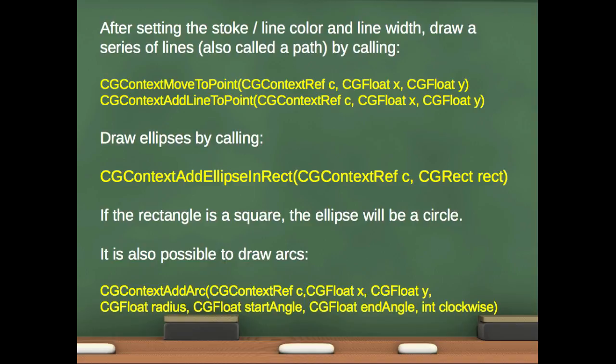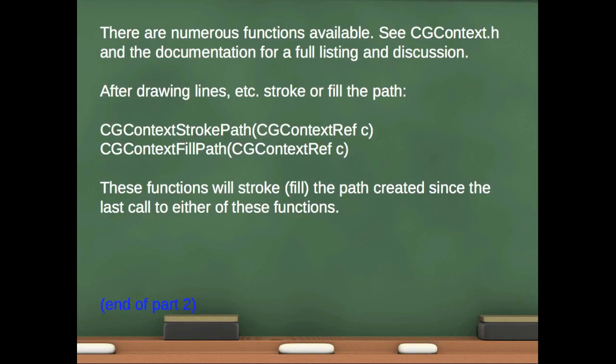CGContextAddArc, though, takes the context ref, the x and y, which is the center point, the radius, the start angle, the end angle, and whether or not a 0 or 1 for the direction to draw the arc. Clockwise, I think, is a 1, and then counterclockwise is a 0. So, like I say, there's a ton of functions available.